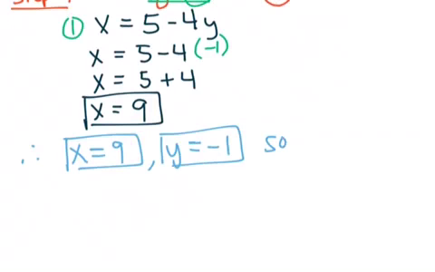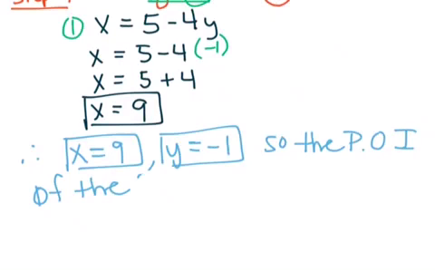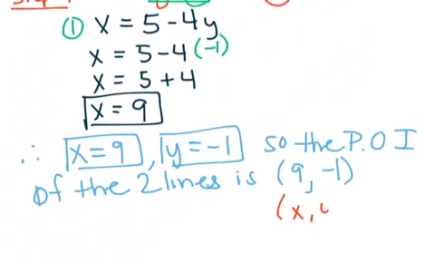The point of intersection of the two lines is, we write the x first, 9, and then the y, -1. Just as a reminder, we write points in this form, x first and then y. And we are done. You could have found this exact same answer if you had just graphed those lines. You should have found the point of intersection 9, -1.